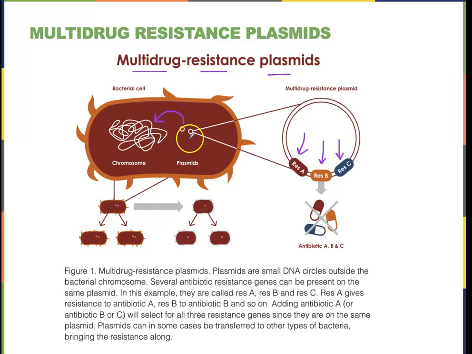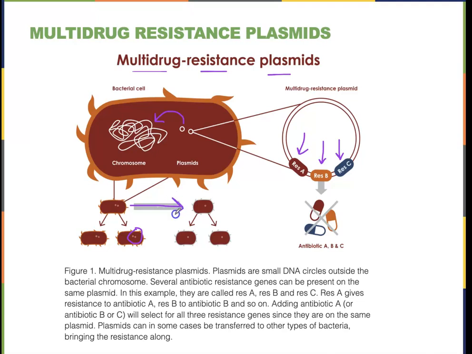But normally we see plasmids out here. When this bacterium undergoes binary fission, the chromosome doubles and is in each new cell, and the plasmids double and go to each new cell. So plasmids are passed on from generation to generation.